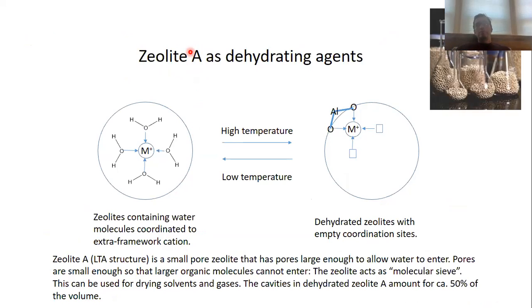So therefore, such zeolites are good dehydrating agents if you want to, for example, dry an organic solvent. Okay, then your organic molecules are not allowed to enter the pores, but your water molecules are allowed to enter the pores. Now the pores have a high affinity for that water, therefore your organic solvent gets dehydrated.